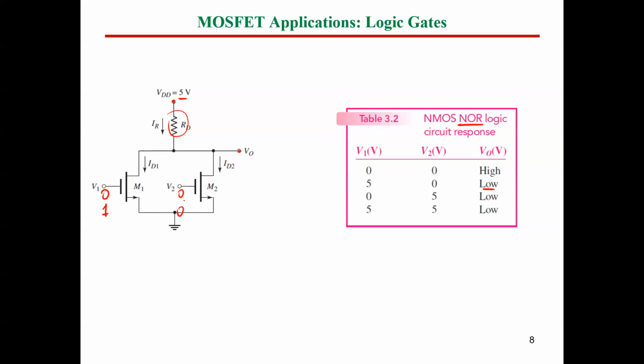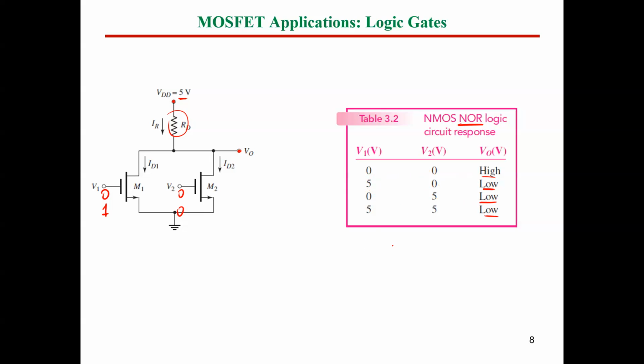And for sure, if both of them are turned on, we would have V out equals active low. So as you can see, guys, we get a result of active high if we have both zeros, and active low if any of the inputs is active high.